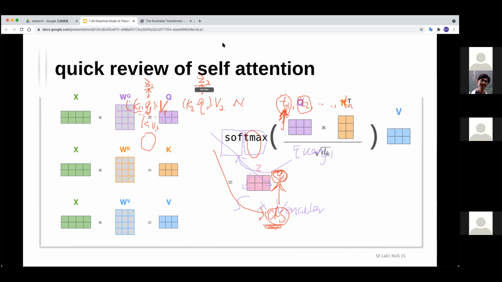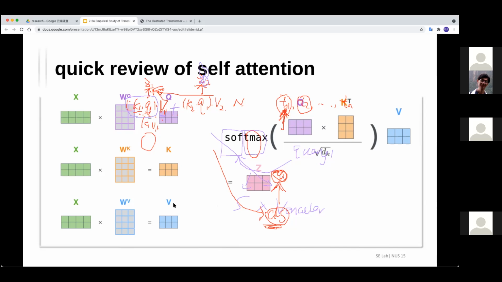No, this is the score. Key multiplied by Q is the score, and then you multiply with the value and get a new value. These values are combined together into V1. There is no Z2. They are all combined into Z1. Okay, I got it.